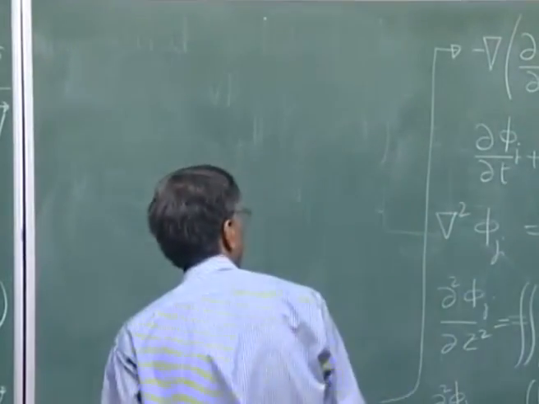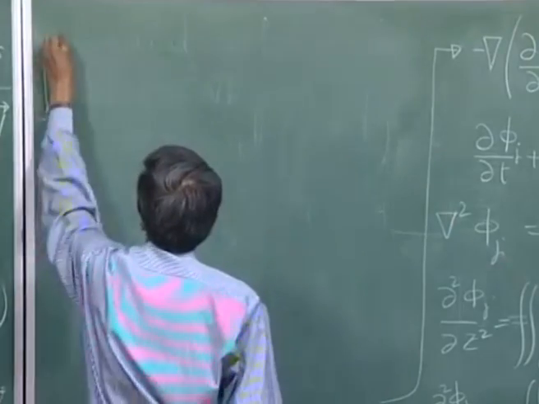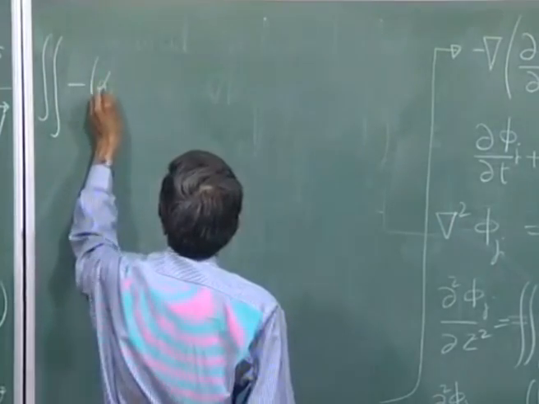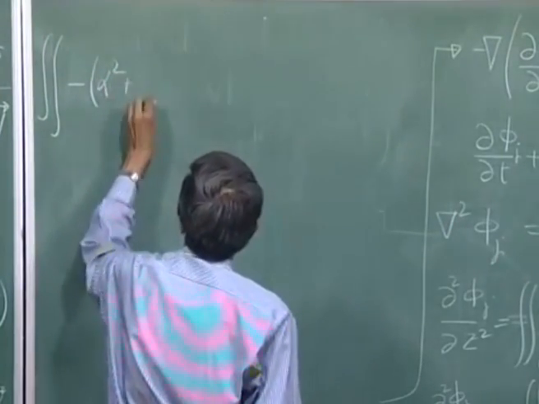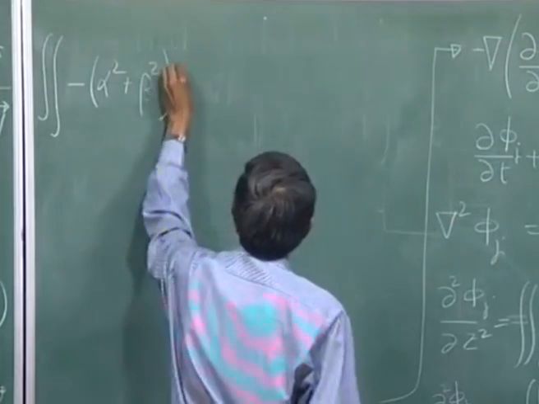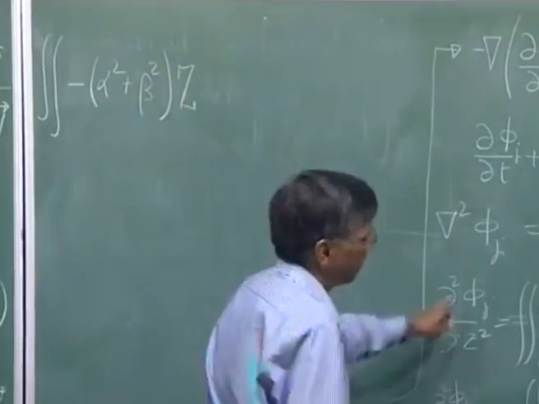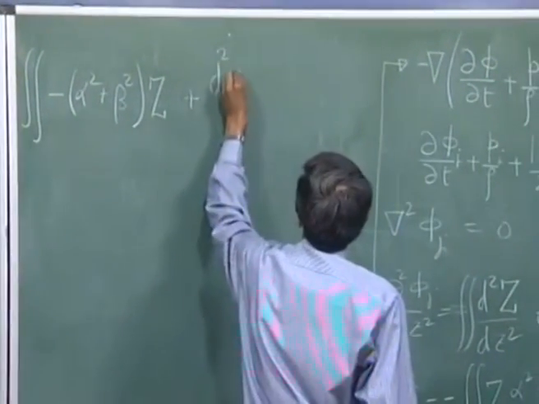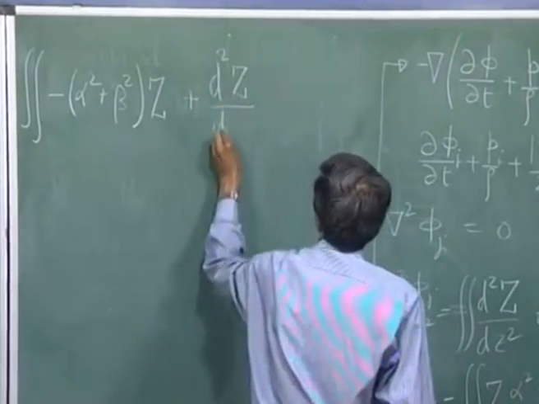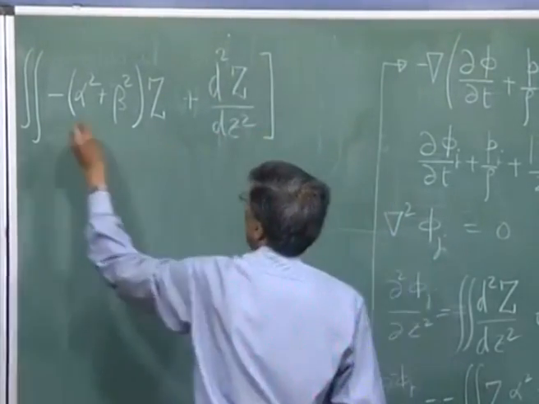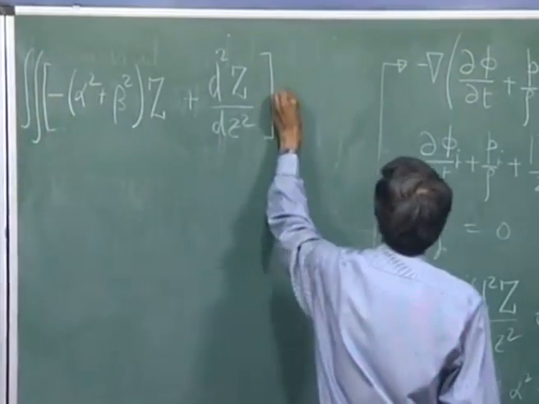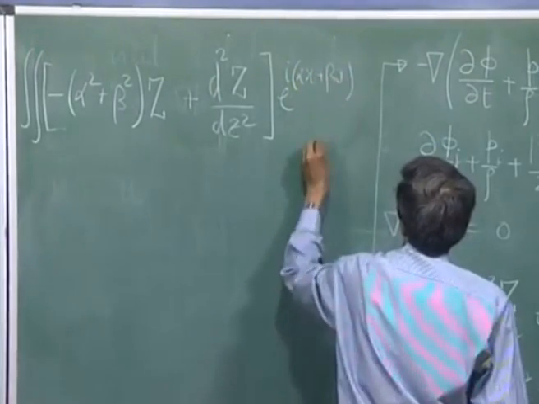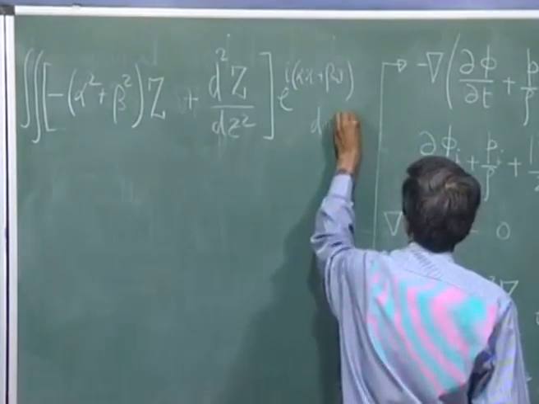I will get the following equation: the integral of minus alpha square plus beta square into Z, plus the second derivative with respect to z, d squared Z by dz squared, times e to the power i alpha x plus beta y, d alpha d beta, equal to 0.